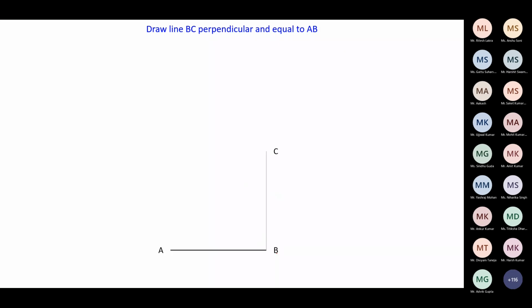So the next step is, we draw line BC perpendicular to AB, and this line BC is equal to AB. Then the next step, we join the line AC.